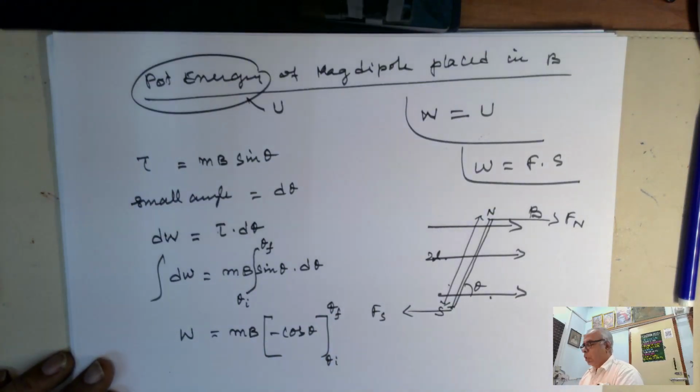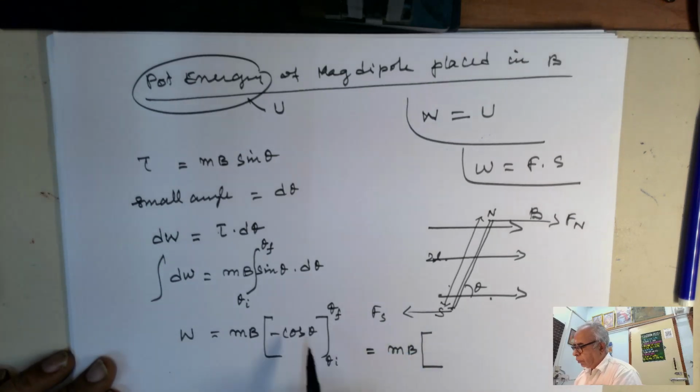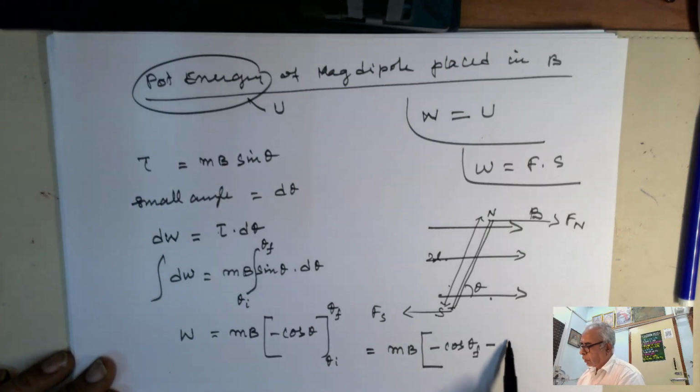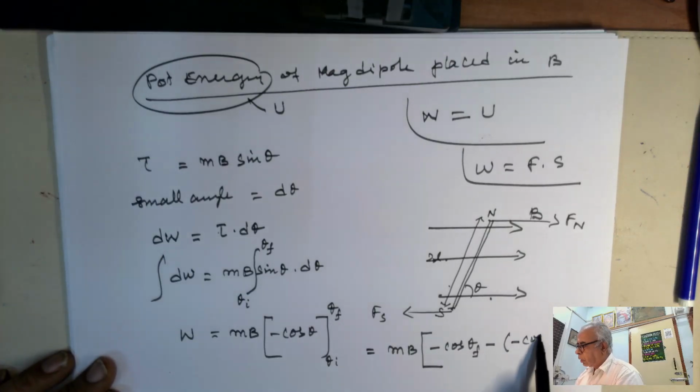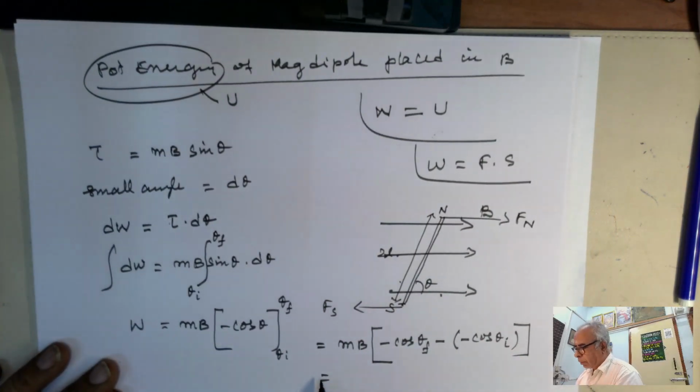So W is equal to mB into minus cos theta f minus minus cos theta i, that is mB into cos theta i minus cos theta f.